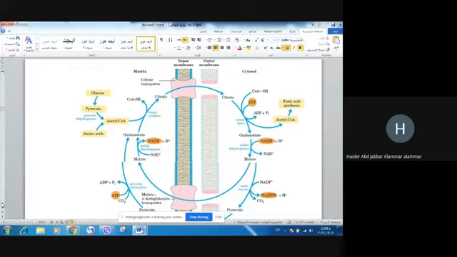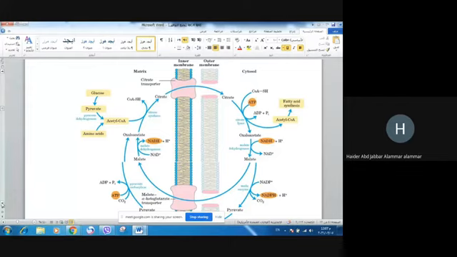What about the oxaloacetate? We will benefit from the oxaloacetate a lot. How do we benefit from it? We want a source of NADPH. The oxaloacetate, by malate dehydrogenase, is converted to malate. So malate has two fates: either it directly enters the mitochondrial matrix to be involved in the citric acid cycle, or this malate is converted to pyruvate by malic enzyme, and this gives us NADPH, which is the second common source of NADPH required for fatty acid synthesis.